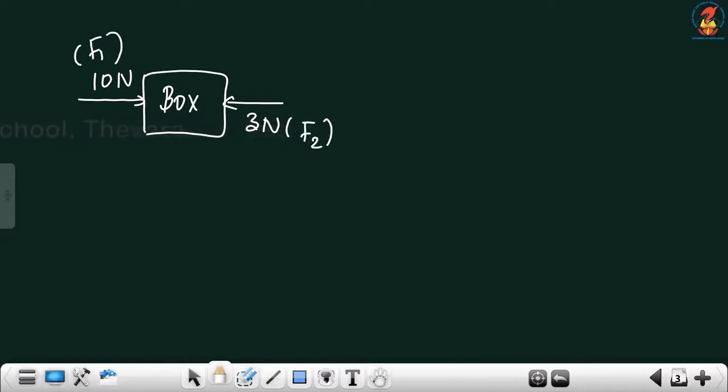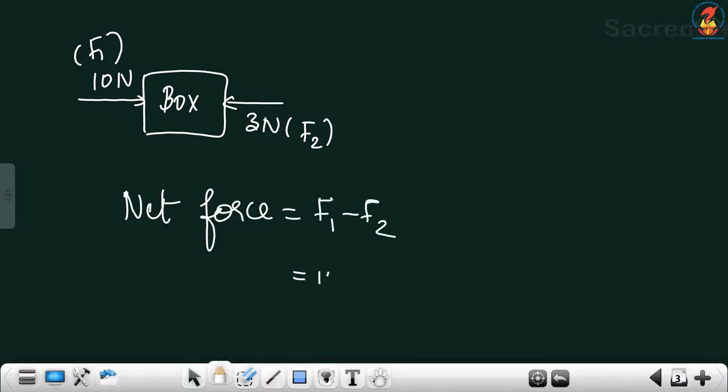Net force equals F1 minus F2, that is 10 Newton minus 3 Newton. You will get the answer as 7 Newton. The magnitude of the net force is 7 Newton.